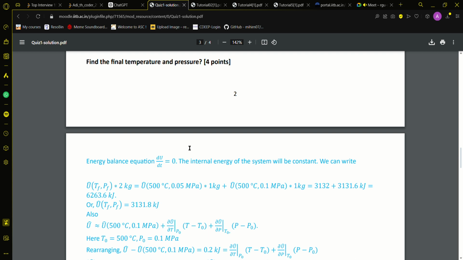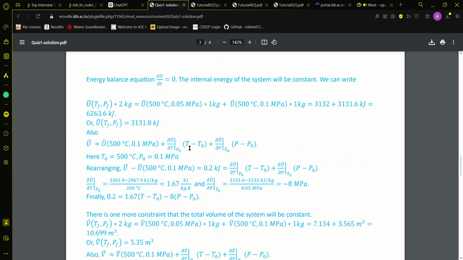So from this you can calculate the value of the final u cap at the final temperature and pressure, and then we can use this relation that has been given to us here.